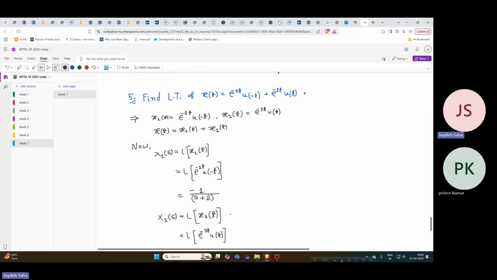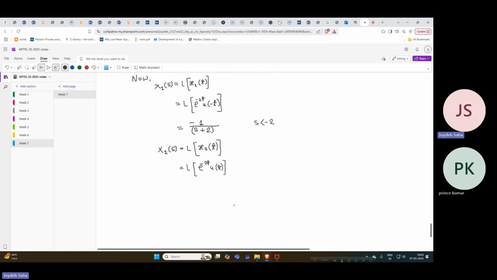So what we have done, we have calculated the Laplace transform of x1, that is minus 1 upon s plus 2, and the region of convergence will be s less than minus 2. And this answer is like question 1.